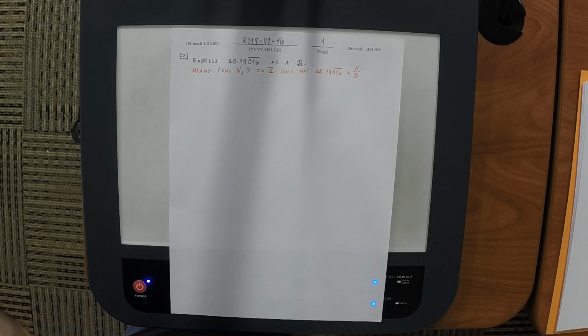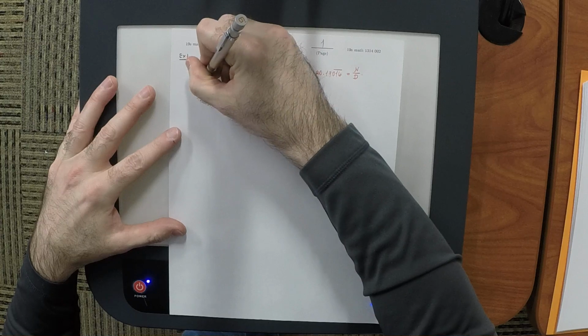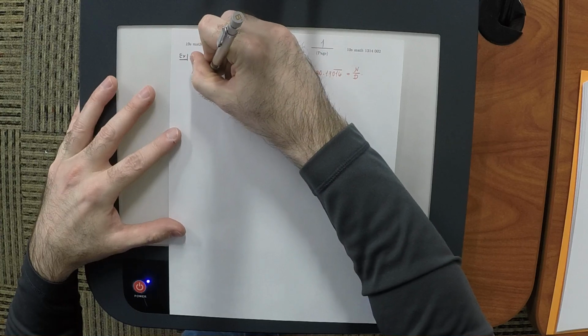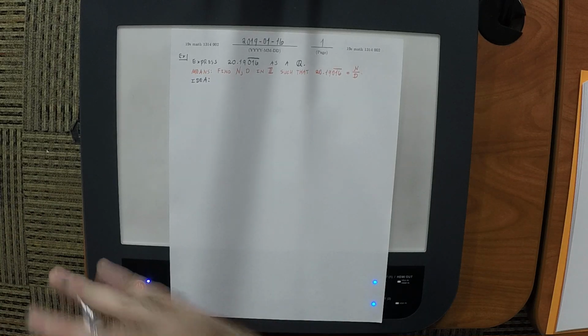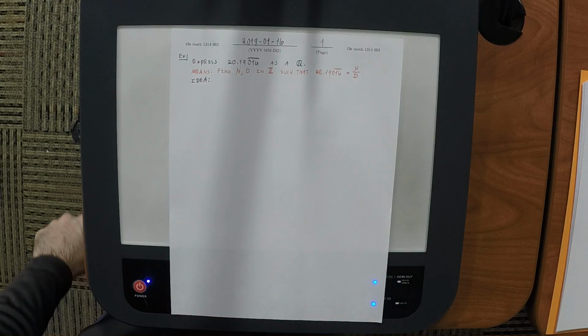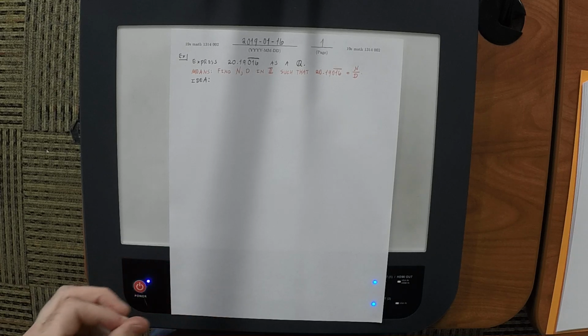Okay, so here's the idea. This isn't the work I'd want you to show. Rather, this is the idea that tells us how we're going to show our work. What's going to be our game plan. So remember that the repeating bar means that these digits are repeated infinitely often.